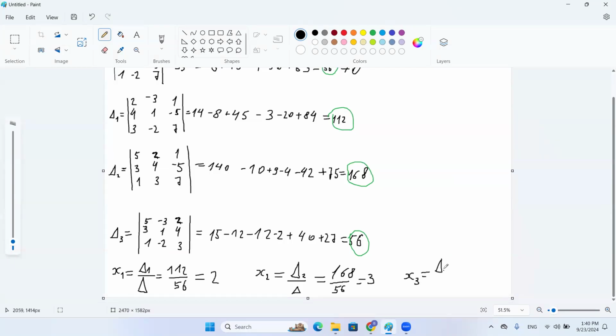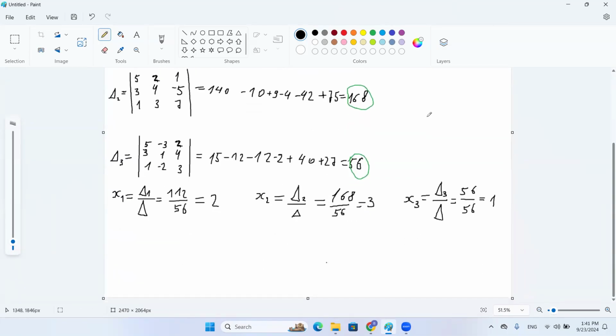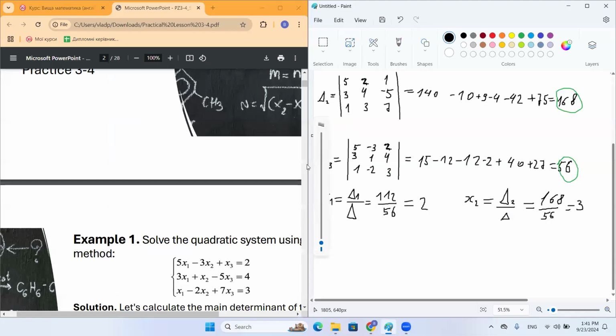Let's write it in details as well, just for better understanding to remember. Okay, now let's just verify the solution.